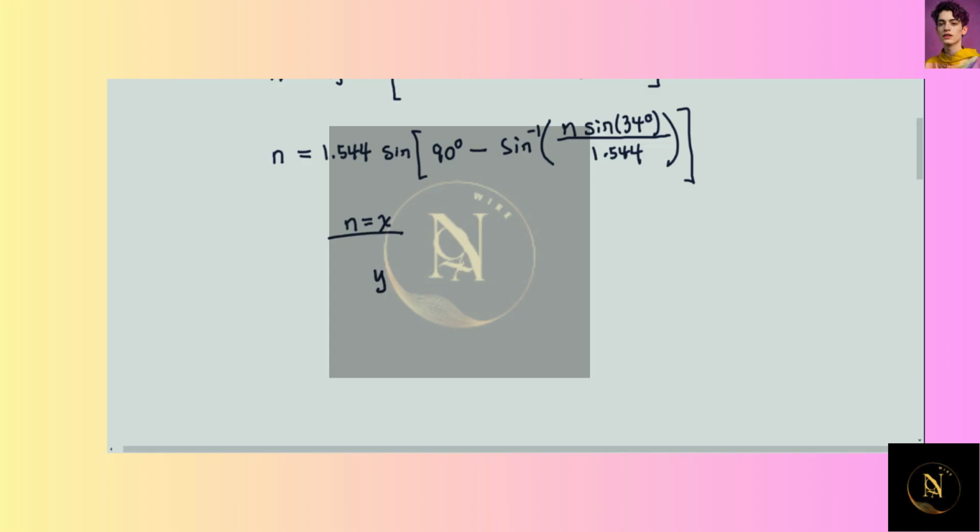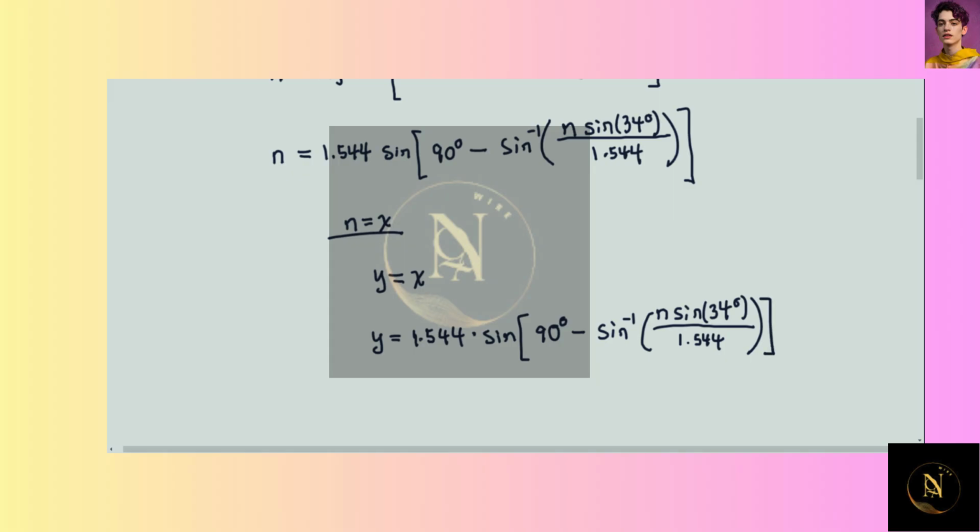So we would graph y is equal to x and y is equal to 1.544 times sine of 90 degrees minus arc sine of x sine 34 degrees over 1.544. There we go. Everything seems to be in order.